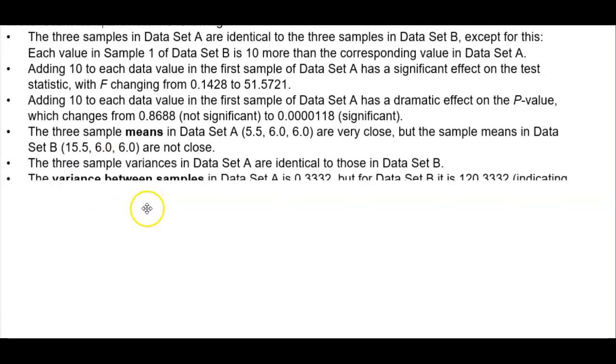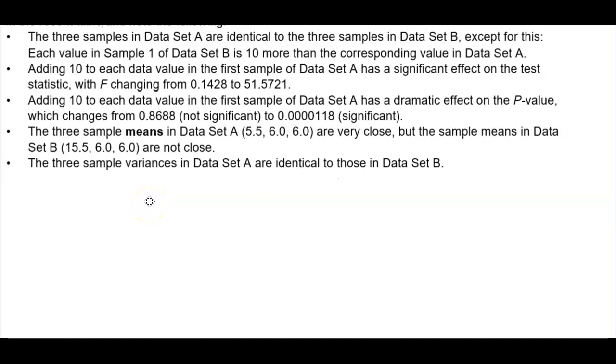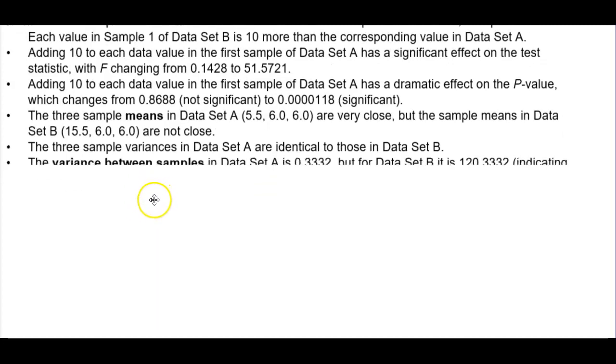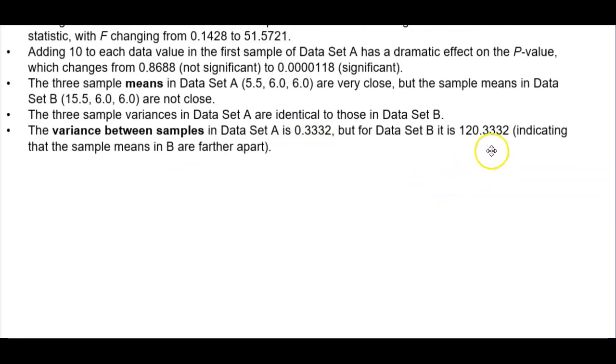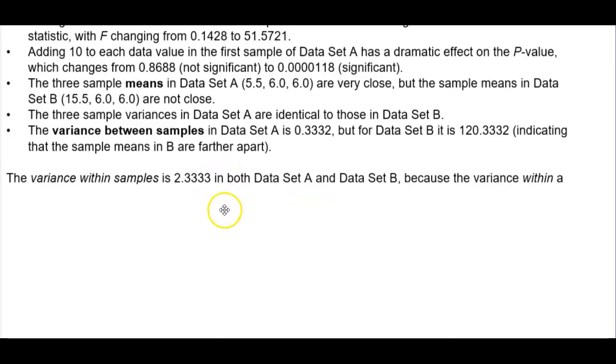The 3 sample variances in dataset A are identical to those in dataset B, and the variance between the samples in dataset A is 0.3332, but for dataset B it is 120.3332, indicating that the sample means in B are farther apart.